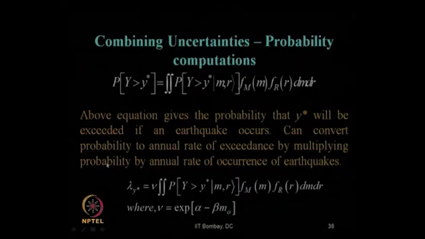We can convert the probability to annual rate of exceedance by multiplying the probability by the annual rate of occurrence of earthquake. That means, lambda of y star can be computed in this fashion as well, mu times this probability, where this mu is nothing but e to the power alpha minus beta m naught. Okay?